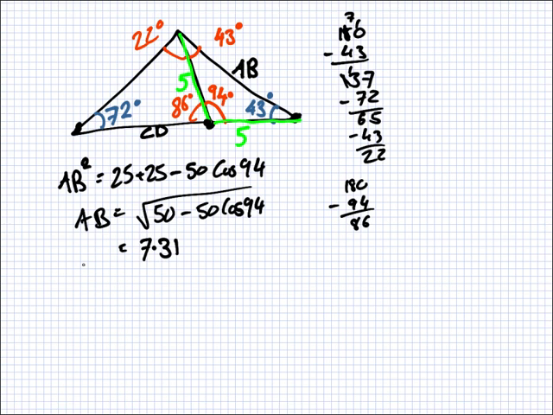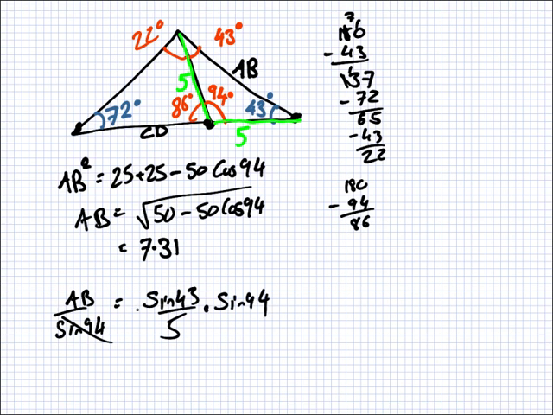Okay, so you used the sine rule and said you got a different answer. Let's check that. So AB over sine 94 equals sine 43 over 5? If you type this in, you don't get 7.31? I find that shocking.